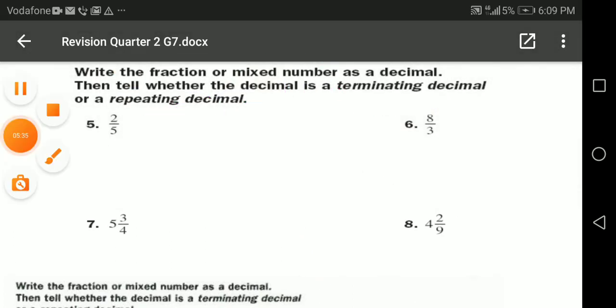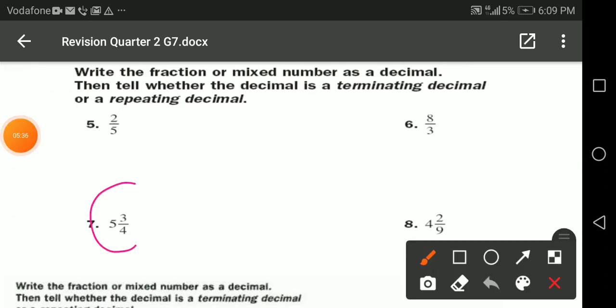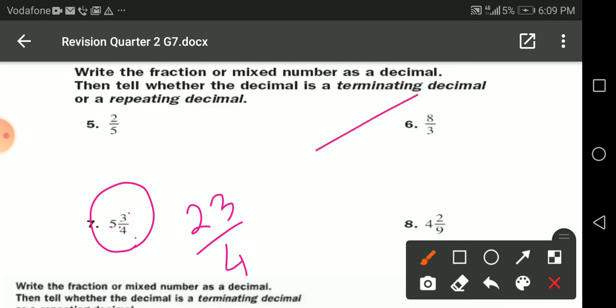Okay, what about another one? If he gives me this kind of question, I will convert it first into an improper fraction. 4 times 5, 20. 20 plus 3, 23 over 4. 23 over 4, the nearest thing is 20.